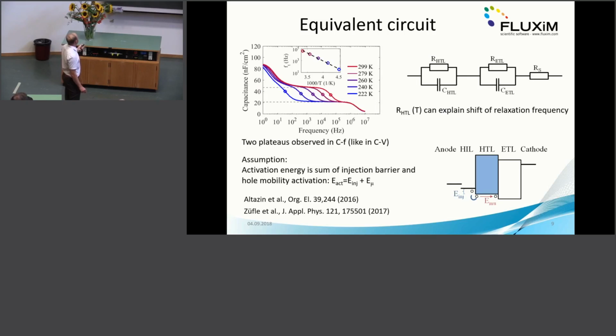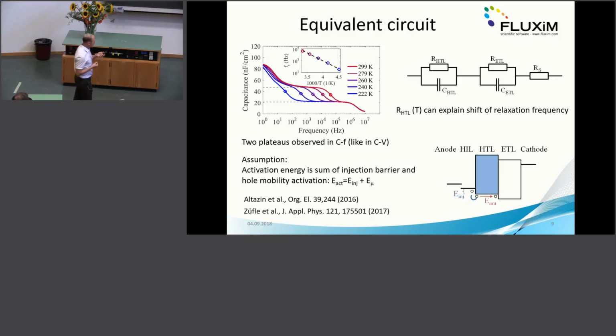Like in the capacitance voltage, we see these two plateaus of the capacitance, so the geometric value and the capacitance of the ALQ3 film alone. And we see this transition between the two plateaus. We see this relaxation frequency shifting or being very nicely thermally activated.